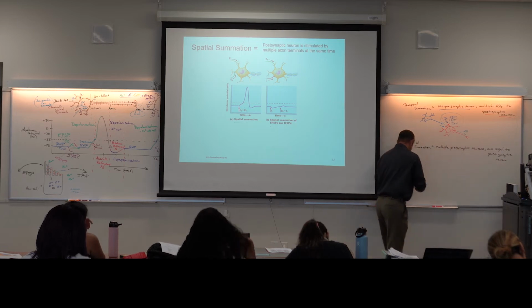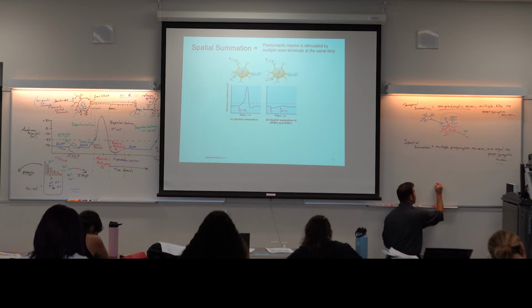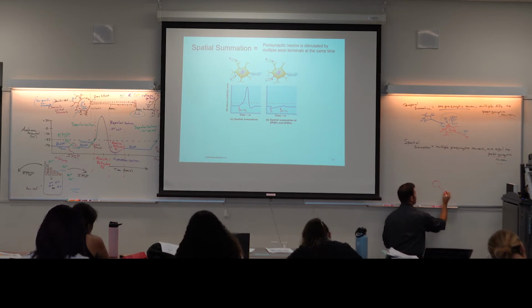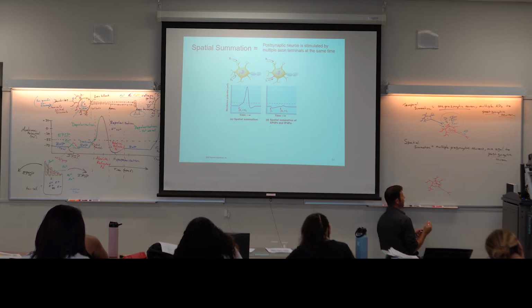So we'll put that, once again, that postsynaptic neuron, let's draw that postsynaptic neuron in red. Let's put its dendrites out there. Its nucleus is here. It's hanging out at negative 70 millivolts, just like a typical neuron would do.